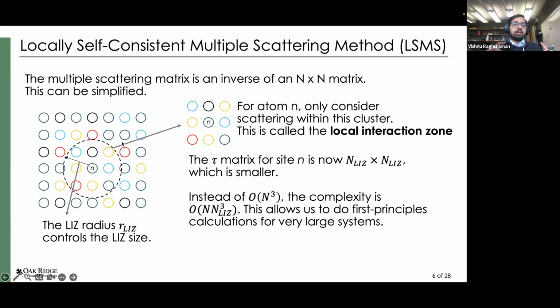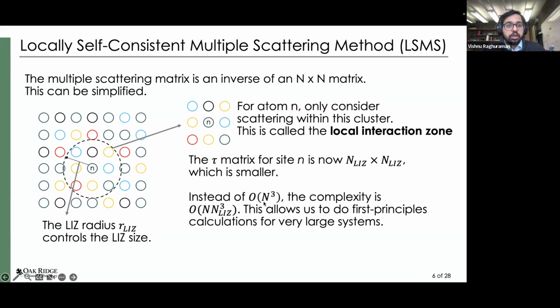In that sense, your computational complexity becomes much simpler, because your scattering matrix just involves the atoms inside this circle. So your tau matrix, instead of being N cross N, where N would be all the atoms in your system, is now effectively the number of atoms inside your LIZ: N_LIZ cross N_LIZ, which is a smaller matrix.